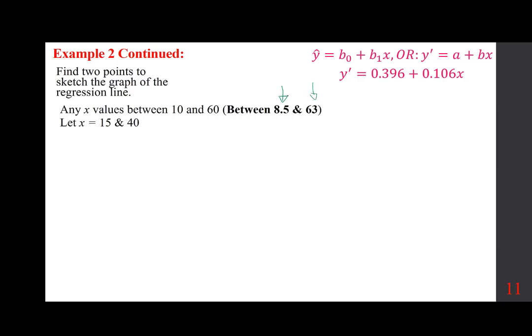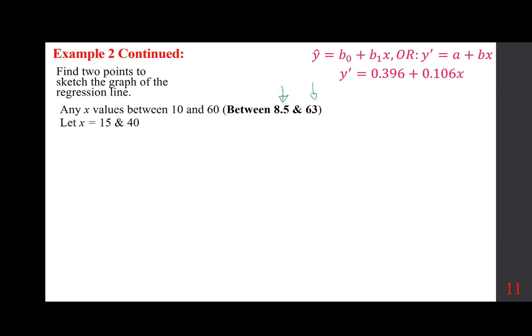So the numbers really should be between those two. When we say 10 and 60, we want to be more conservative. That's the idea of scope. You can't go beyond those because your model is based on the given information, and you have to pay attention to the endpoints. So it works between those two and not beyond. So that's what we mean by scope.